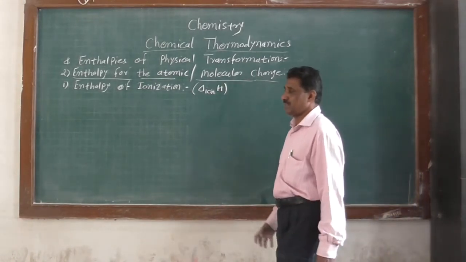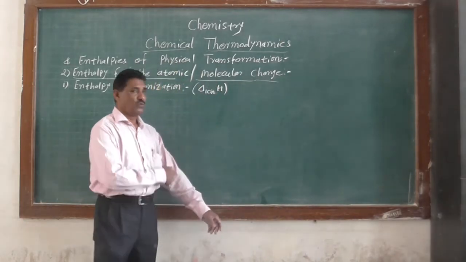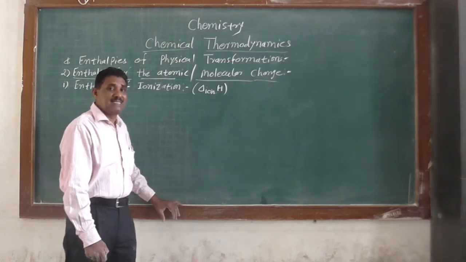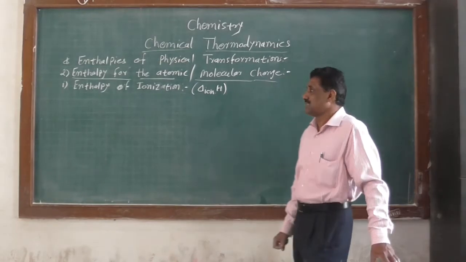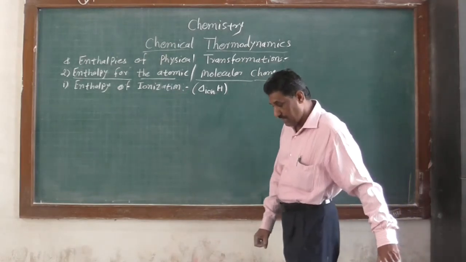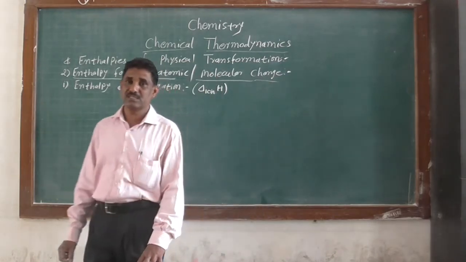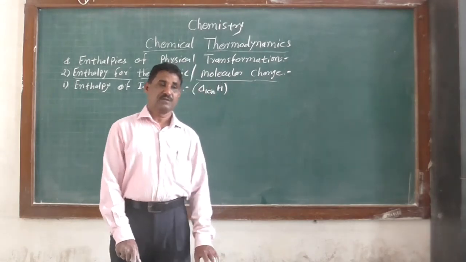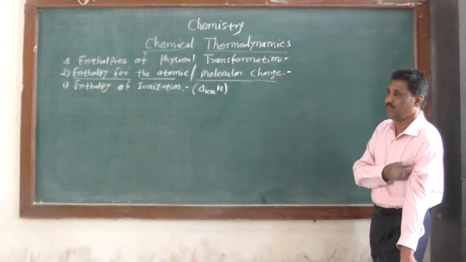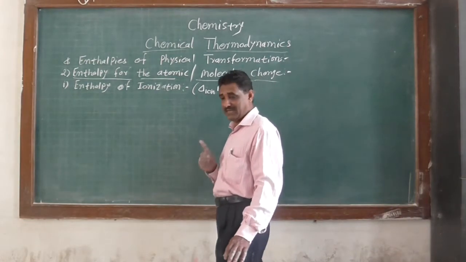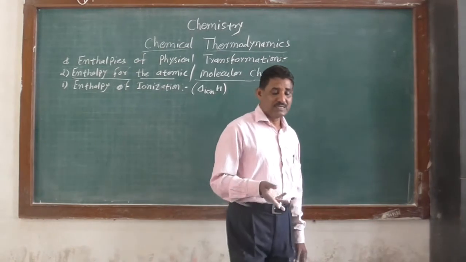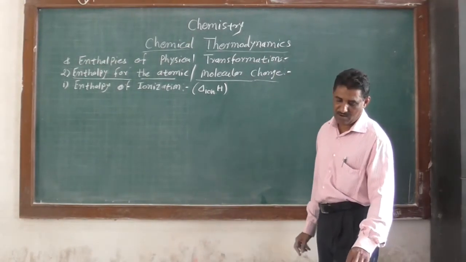The change in enthalpy required to remove one electron from one mole of gaseous atom, and that atom is converted into its cation, is called as enthalpy of ionization.